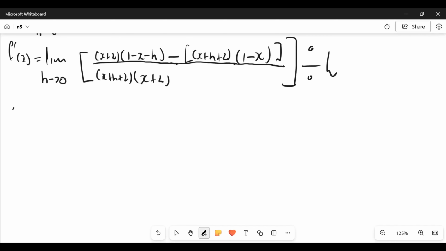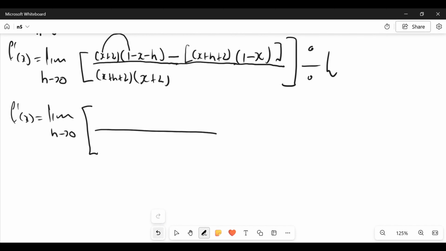We continue, write f of x prime, limit h approaches 0 there. So on the numerator we need to FOIL to get rid of the brackets there. Let's do it. If we multiply x and 1, this is going to give us x, right? If we multiply x and negative x, this is going to give us negative x squared.